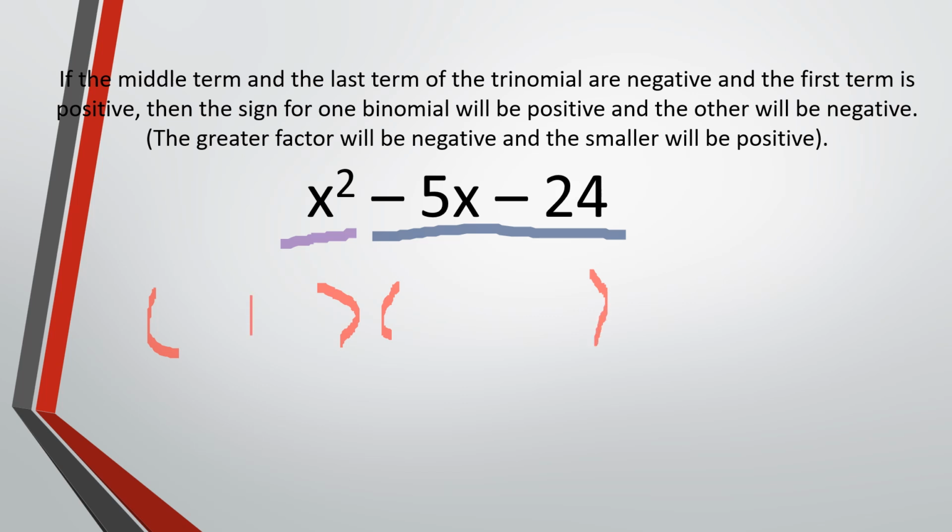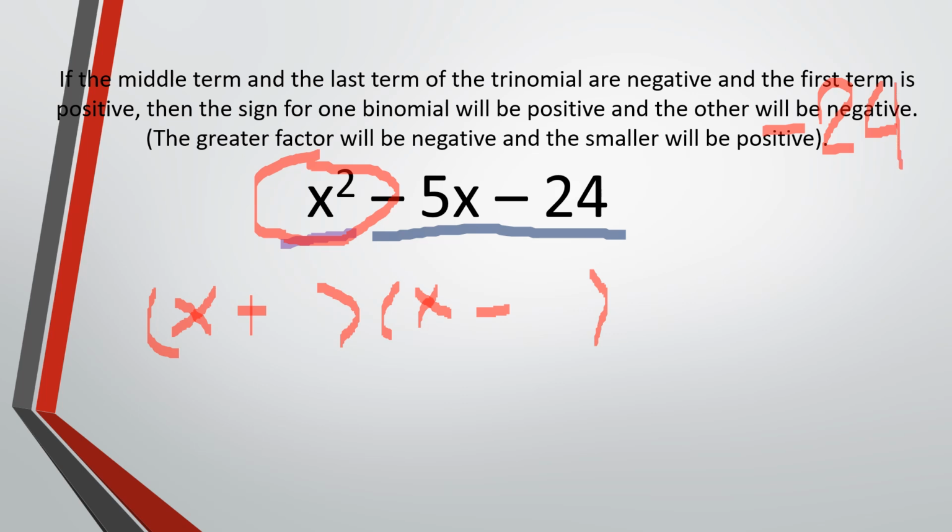Positive and negative. The greater factor will be negative and the smaller factor will be positive. Alright, now we have here x squared. That means we have x multiplied by x. Now we have the last term, negative 24.